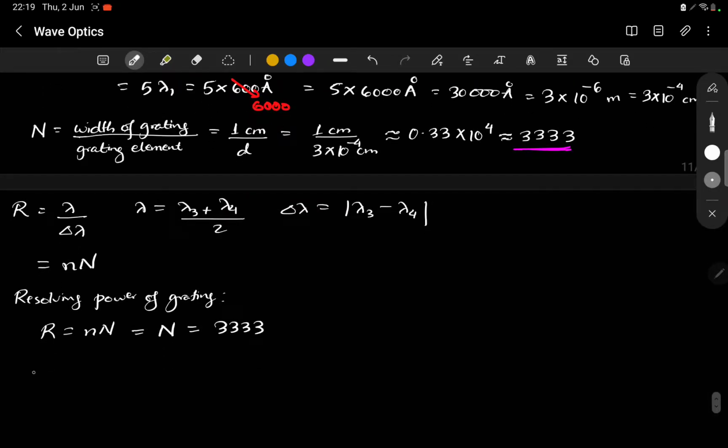And for the given set of wavelengths, resolving power is as follows. So lambda is this, and delta lambda is the difference between wavelengths. So this comes out to be as follows. Let us put in the values.